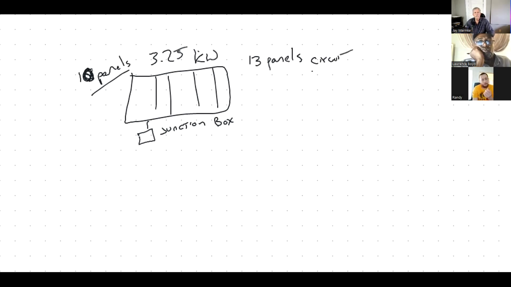Now, from the junction box, we're going to then go, oh, what happened here? That's a highlighter. Whoops. All right. So from the junction box, in an Enphase system we are typically going to pop down to the Enphase combiner box.